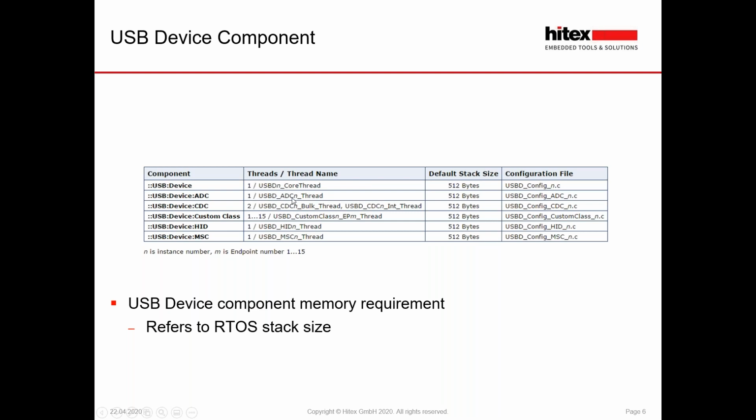Usually it's one additional thread, but in the case of the communication device class, there's a couple of threads. We'll see later that we can create composite devices as well, so we can have more than one class active. If we specify that, then additional threads will be created. The memory for all of these threads is statically allocated, but we just have to keep track of it here.